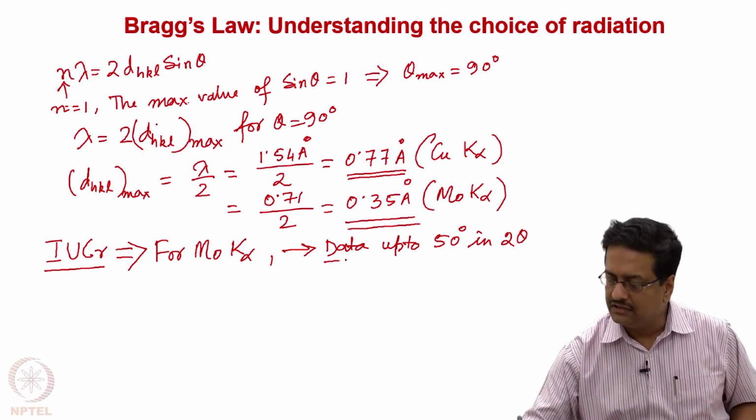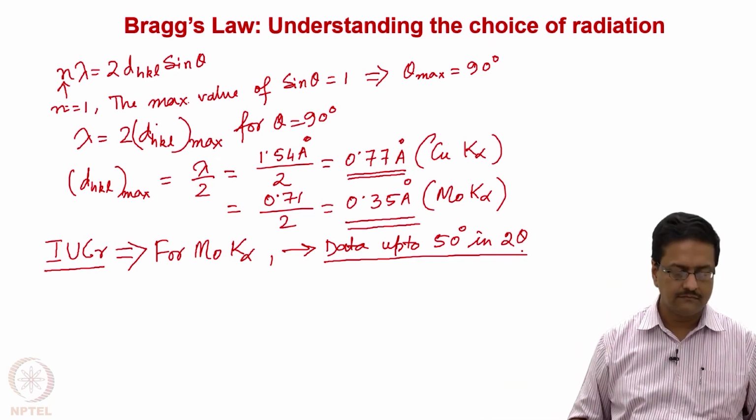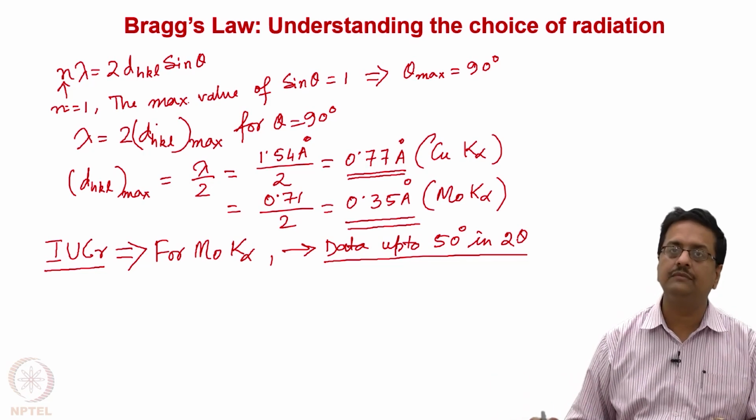So what does it mean? A 50 degree 2 theta means 25 degree in theta.